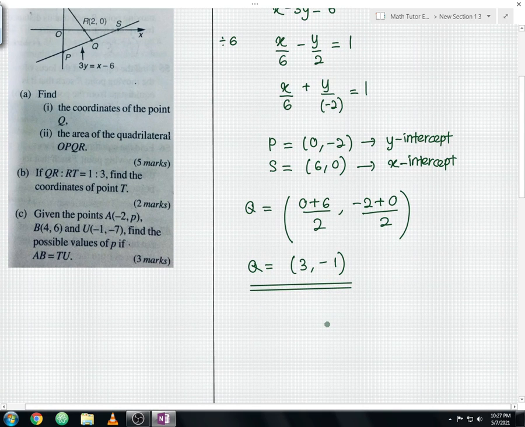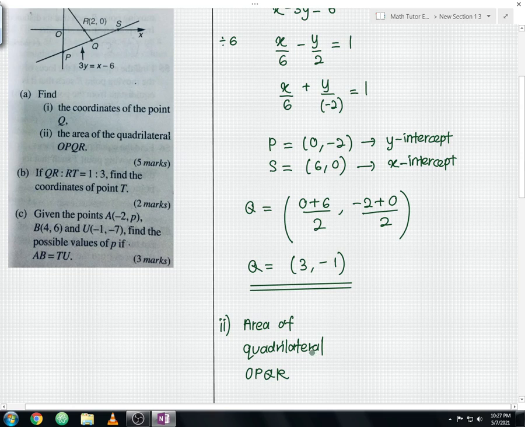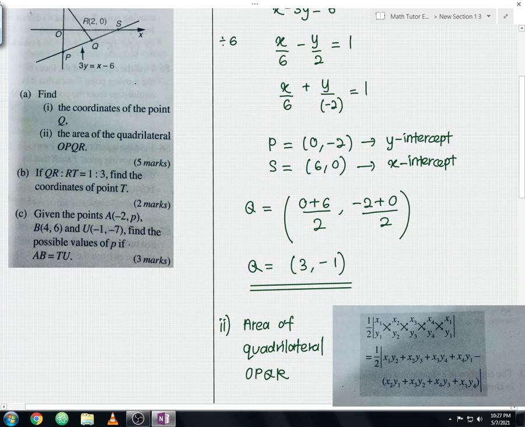Let us proceed with our discussion for question A part 2, where we are required to find the area of the quadrilateral OPQR. As you can see here, this is the quadrilateral OPQR, guys. Let me write down the working over here. The formula to find the area of a polygon, let me explain to you.